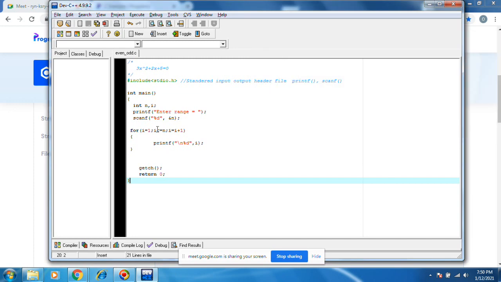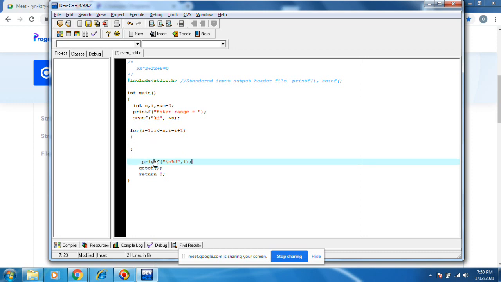Okay, I want to sum all the numbers. Let's take sum equal to 0. Then what will we do? Print the sum of all numbers.